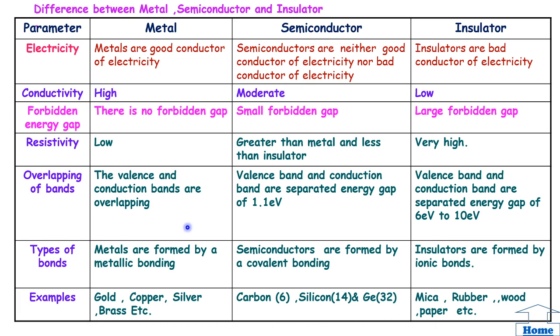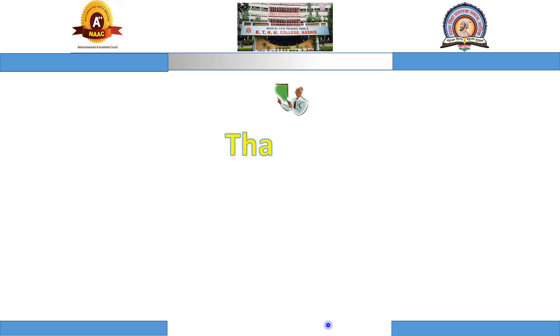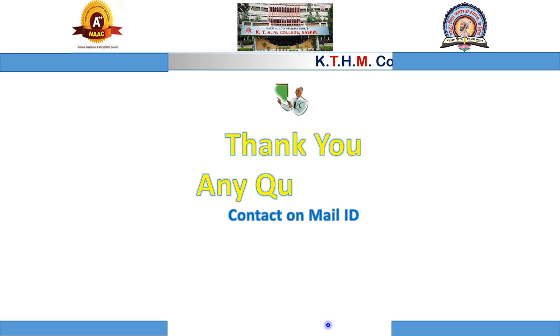So dear students, we discussed the difference between metal, semiconductor and insulator according to band theory. So I hope you understand this topic clearly.